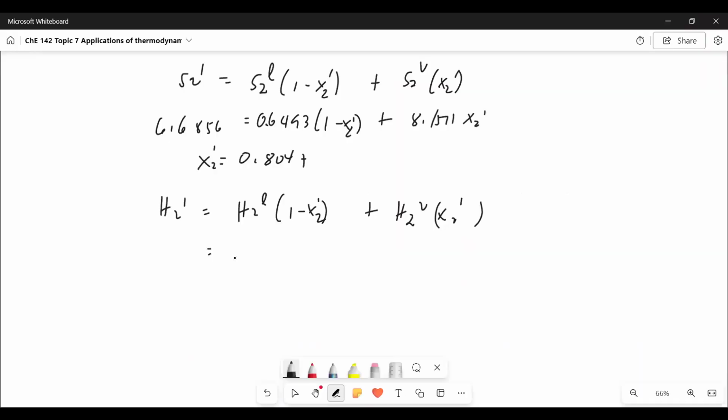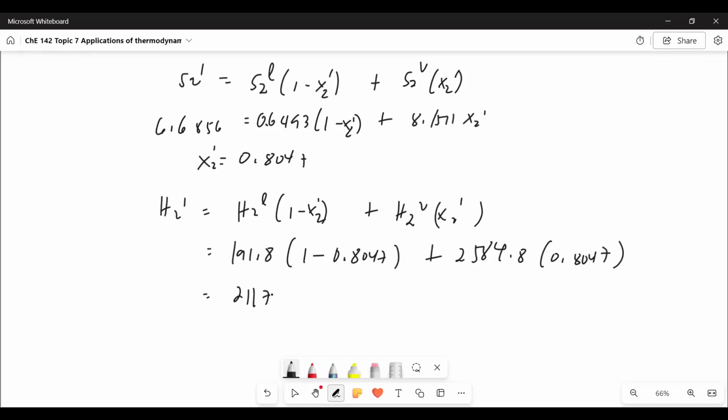So H2L is 191.81 times 1 minus X2 prime, which is 0.8047, plus H2V, 2584.8 times 0.8047. H2 prime will be equal to 2117.4 kilojoules per kilogram.